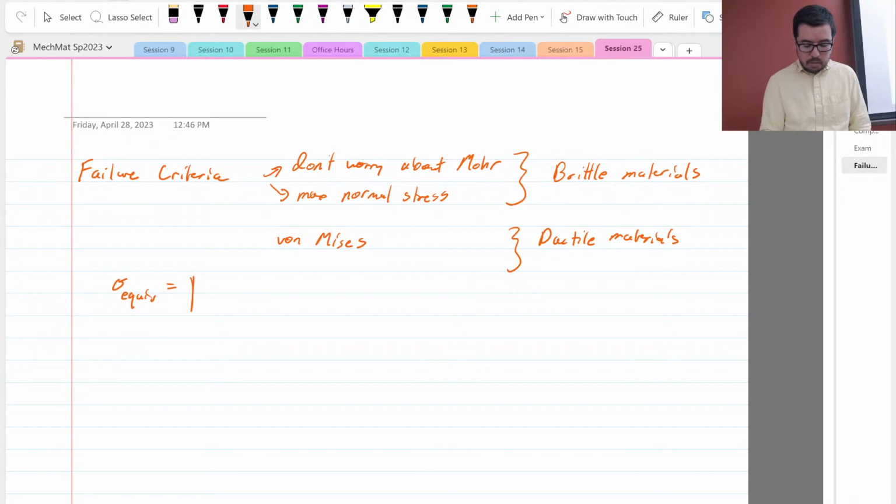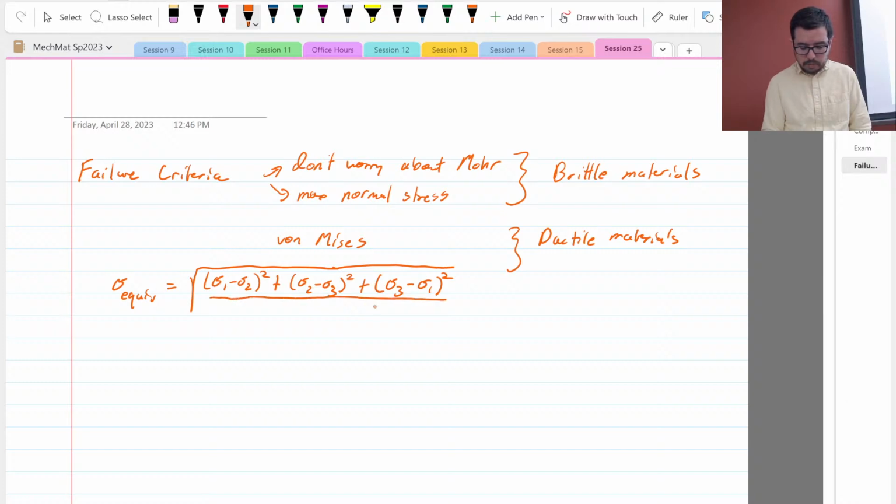And the sigma equivalent, if you have the principal stresses, and I'm just doing this off the top of my head, so I hope I'm not making a mistake, but I probably am, is something like this. There's another equation you can use that I'm not going to try to write out. This one is just with principal stresses.